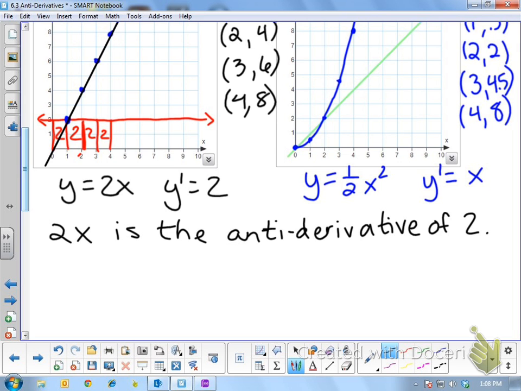And 1/2 x squared is the antiderivative, or integral again. Antiderivative they usually use when we're doing just the equation for it. Integral usually more often they do when we're working with the graph, but they're basically the same thing.